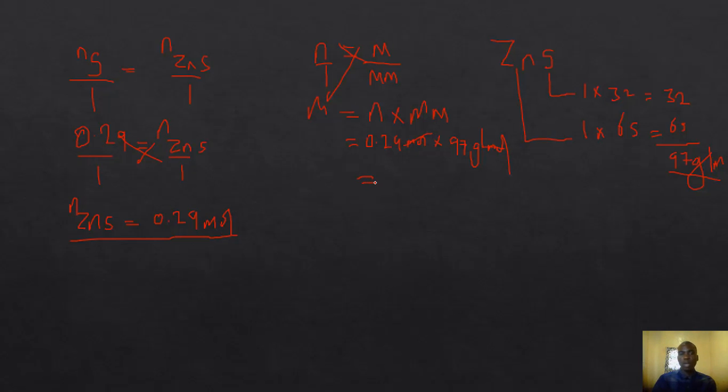We can quickly punch on our calculator: 0.29 multiplied by 97, and this is giving us 28.13. So 28.13 grams. This is the mass that it is giving us. So please follow the procedure.